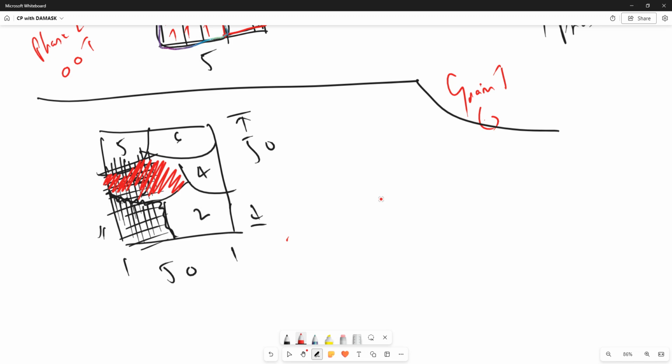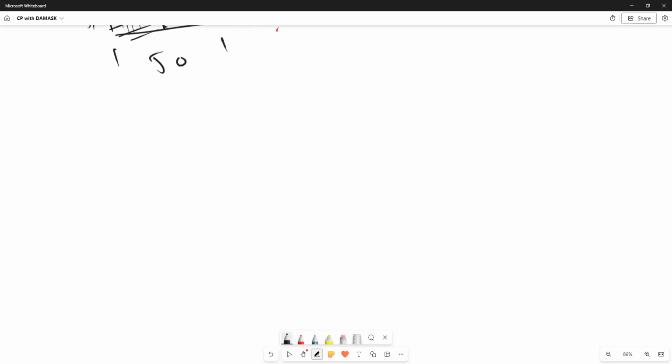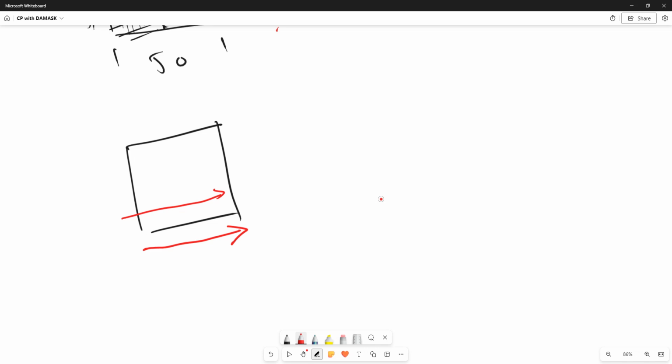I again mentioned that how we write a Damask geometry file is, it starts from this end, it goes to this end. Once a line is finished, then it starts from here again, goes here, and then it starts from here, and then goes here. In case of 2D.